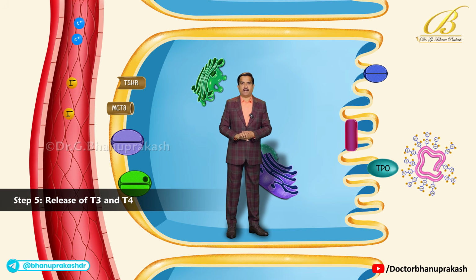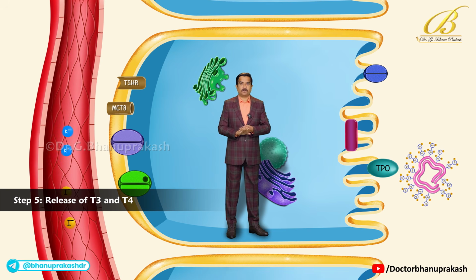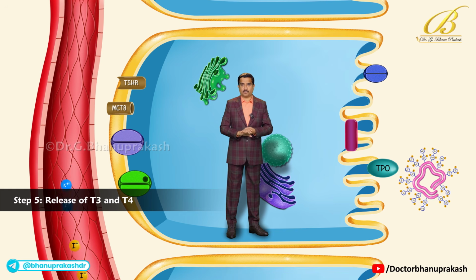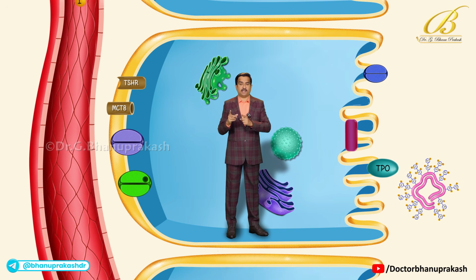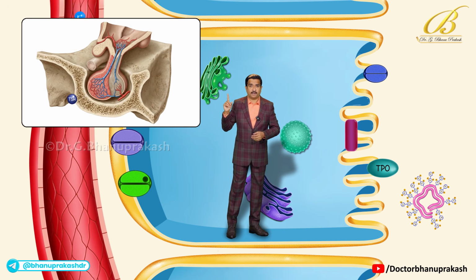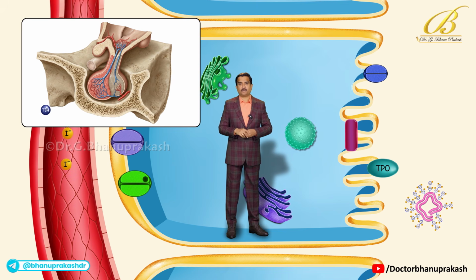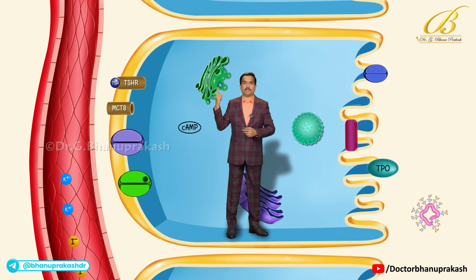Now next is step 5, release of T3 and T4. When your body needs these hormones, when thyroid hormone is required, thyroid stimulating hormone, where is it produced? Thyroid stimulating hormone is produced by the anterior pituitary, right? It stimulates the thyrocyte.